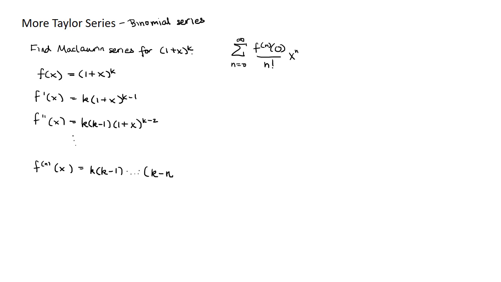When I take the nth derivative I'm going to do k minus n minus 1. So that's k times (k-1) times (k+1-n) times (1 + x)^(k-n).